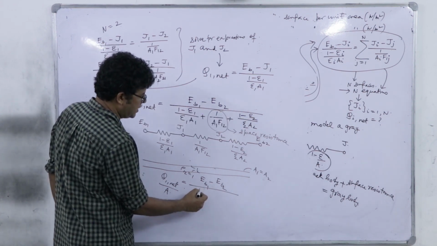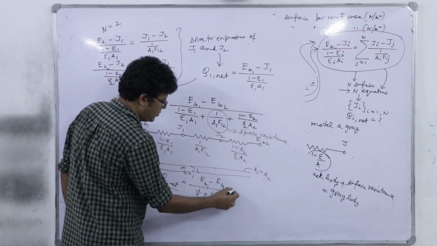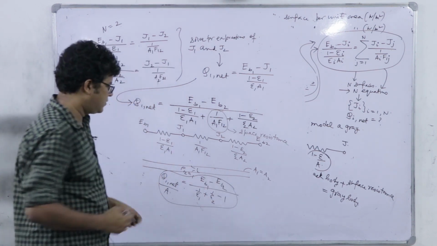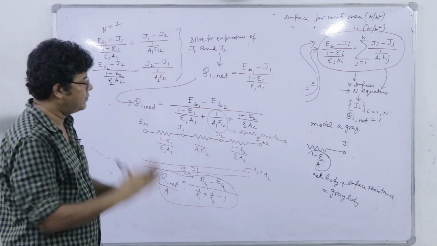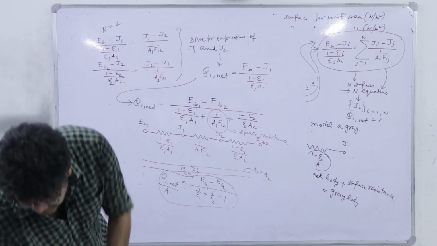So my answer becomes 1 by epsilon 1 plus 1 by epsilon 2 minus 1. This is the net rate of radiative transport between two large parallel plates which are being considered as two gray surfaces. Okay.